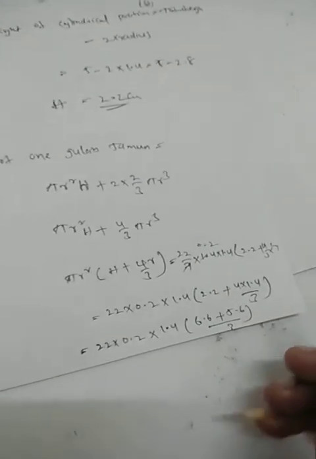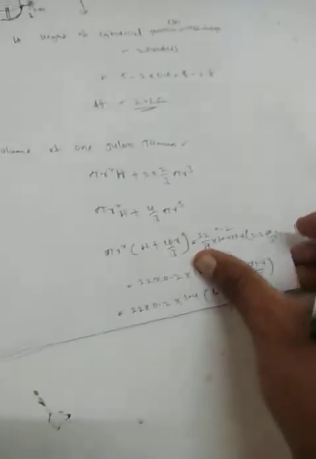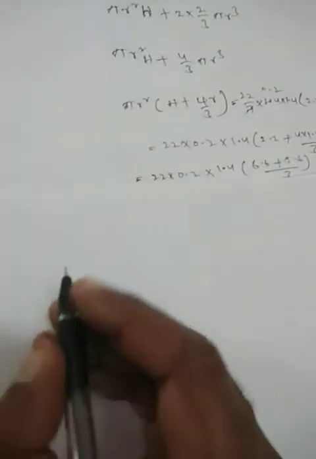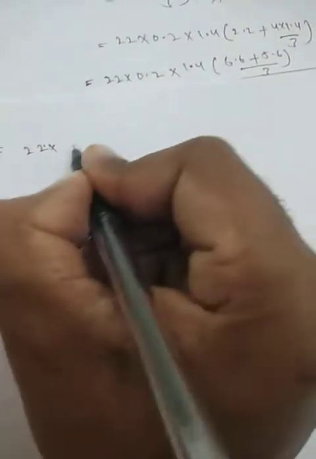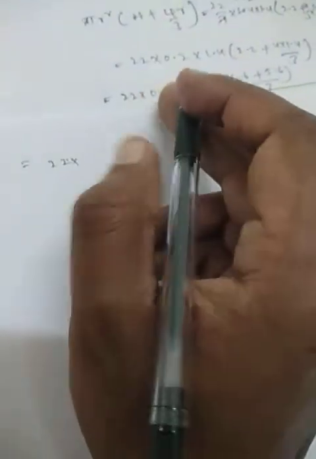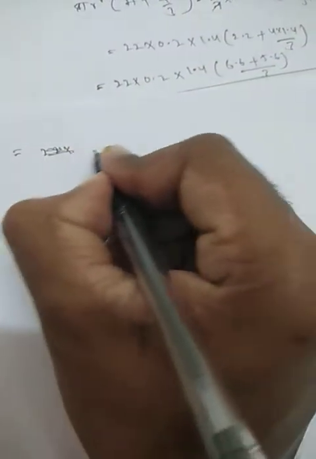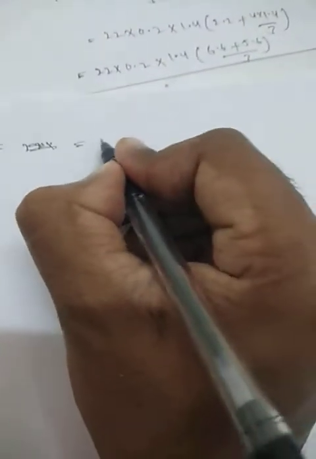I can write this as 22 into 0.2 into 1.4. 22 into 0.2 will be 4.4.